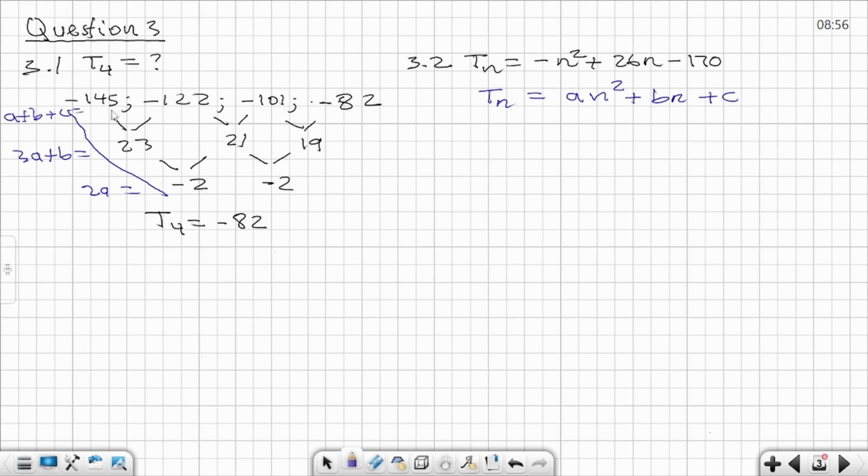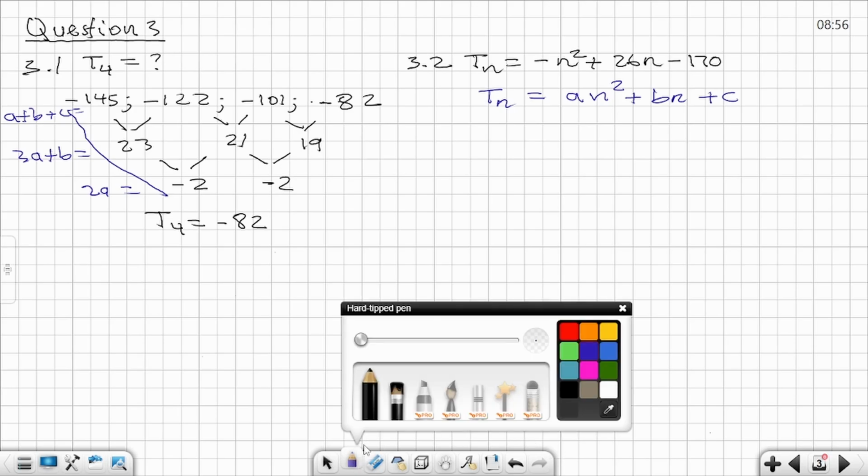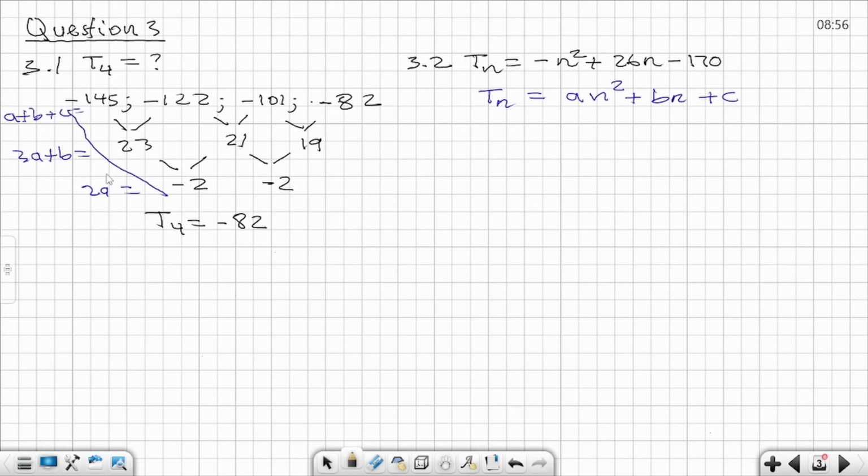I hope you can remember that from the lesson we saw on quadratic sequences. Now let's use the three equations to solve for a, b, and c.